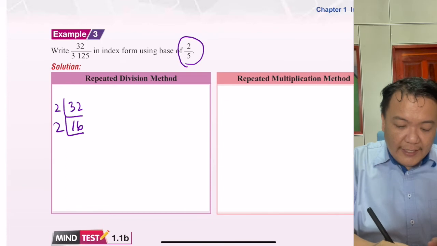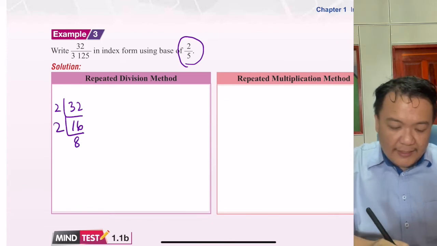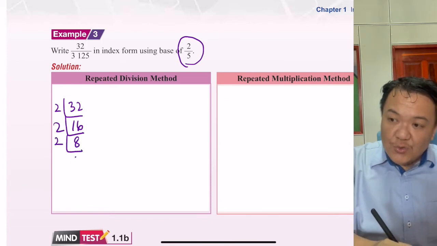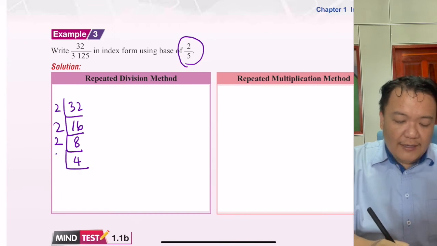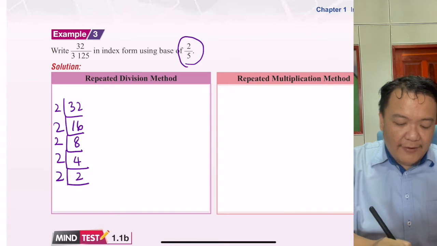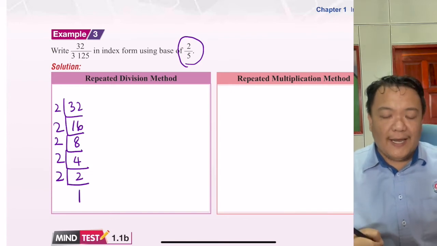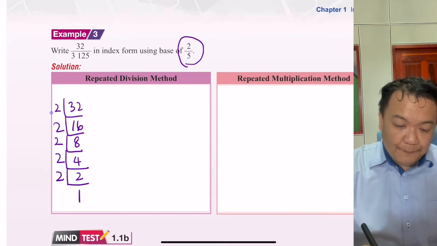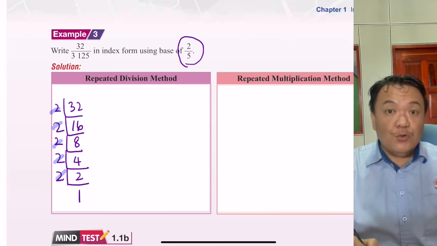Divide again by 2, kita akan dapat 8. Divide again 2, kita akan dapat 4. Divide again 2, kita dapat 2. Further lagi divide 2, kita dapat 1. So over here we have 1, 2, 3, 4, 5. So it means 2 power of 5.